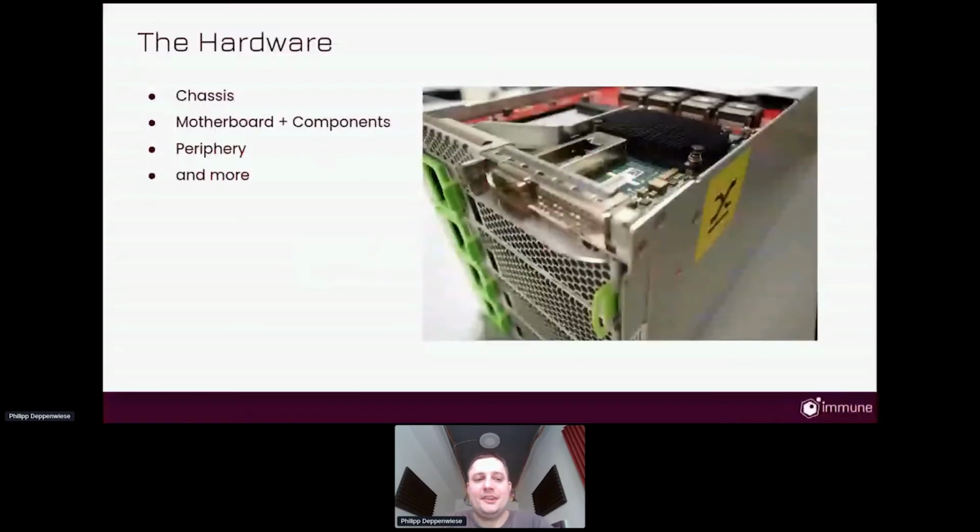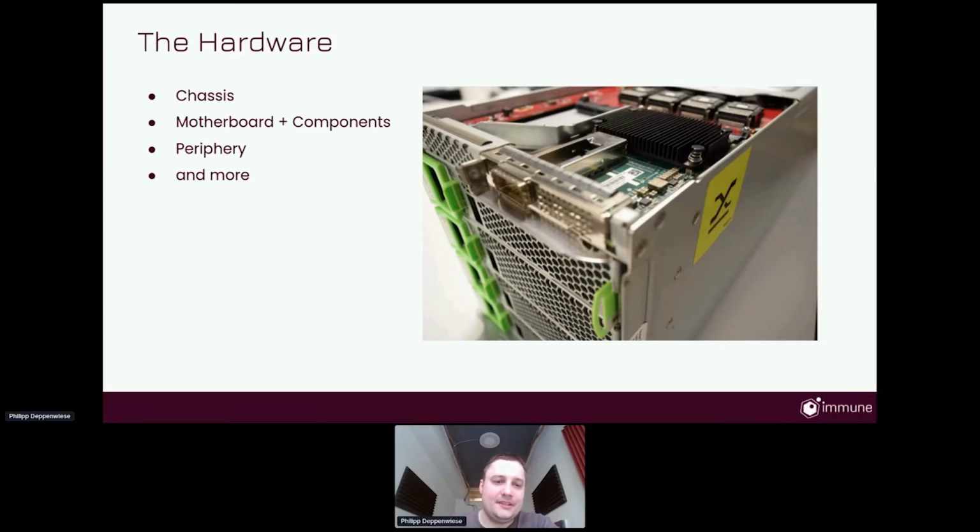First of all, you have hardware, which I guess is the most important thing. You have some chassis, main motherboards, the components, the periphery, and more. This is, for example, an OCP data lake device, which is used by Facebook for computing.